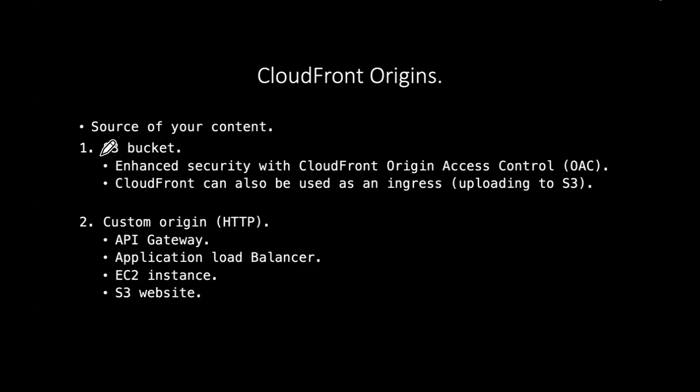Okay, so the origin can be an S3 bucket, or it can be any kind of custom origin, essentially any type of HTTP-supporting resource. For example, as I've said, API gateway, application load balancer, an EC2 instance, or an S3 website. The reason I'm saying this down here is that there's a slight difference between using S3 here and using S3 here.